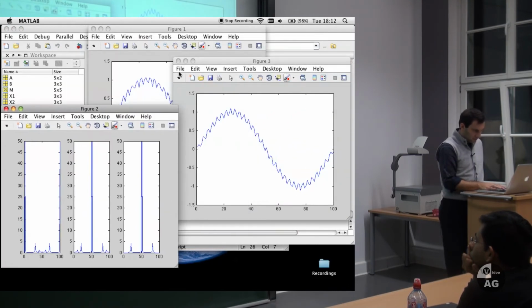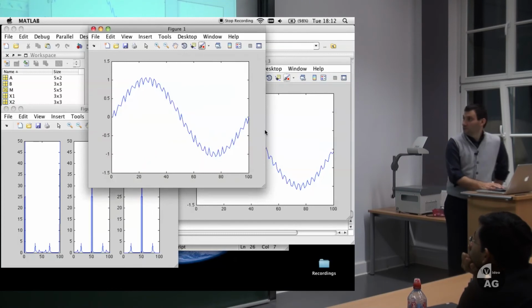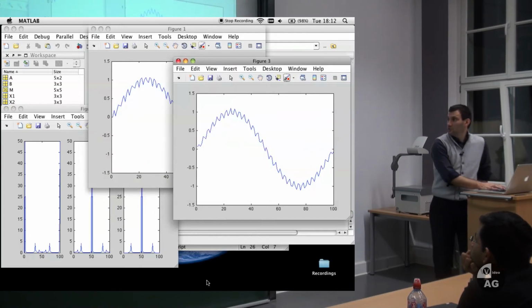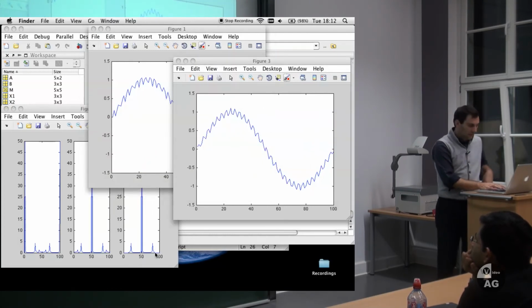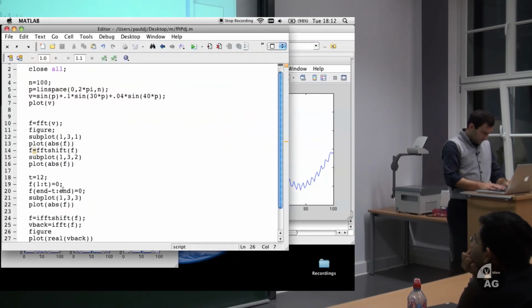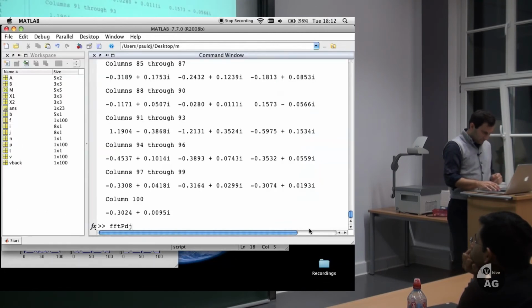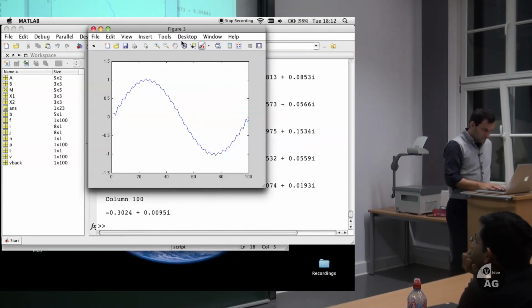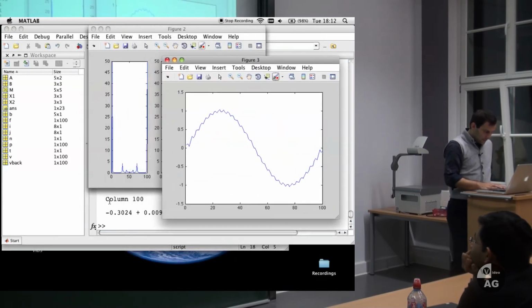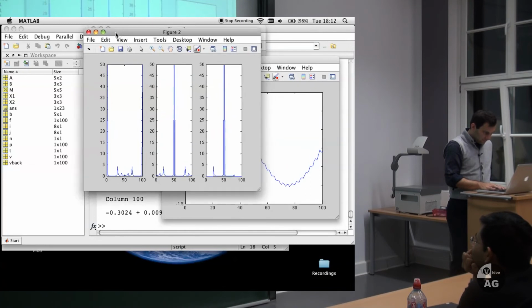Okay, we don't really see much of a difference. So let's try to kill a little bit more. Let's kill this guy too. Aha, now it looks better.